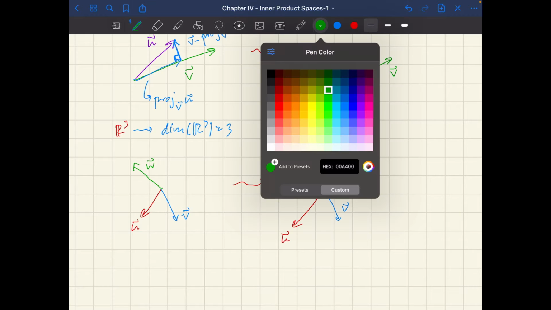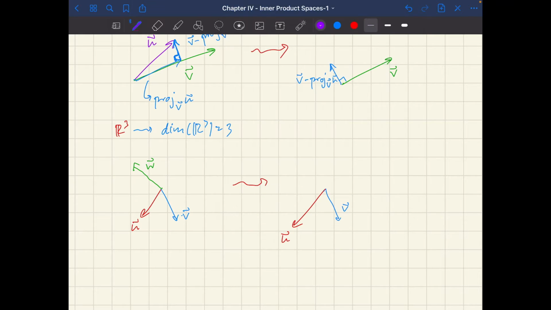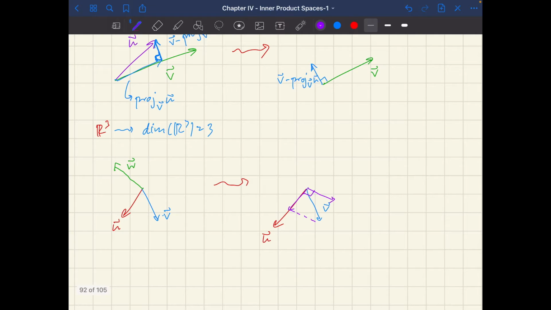So how do we find it? First, you need to find the projection of v on u, right? And we obtain the component of v orthogonal to u, which is v minus the projection of v on u, right?